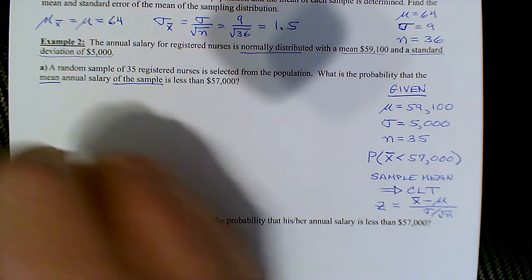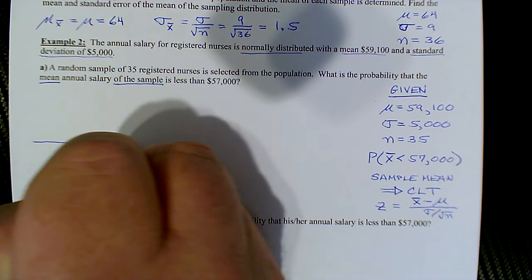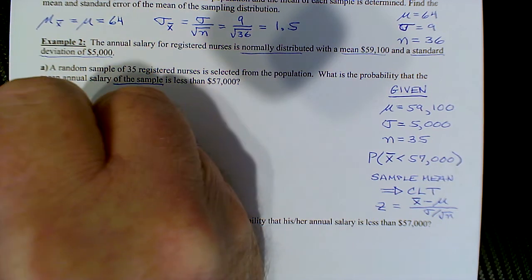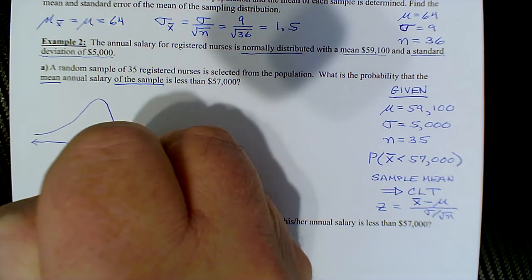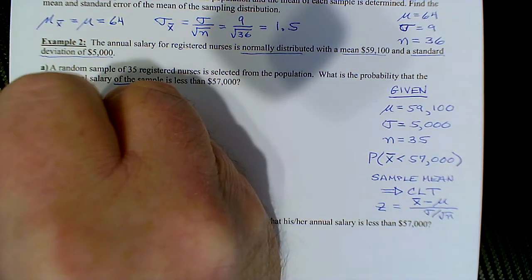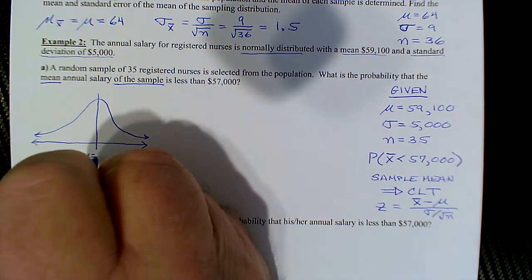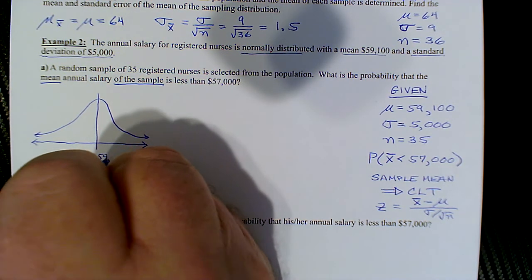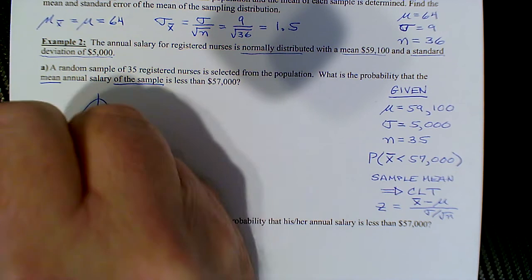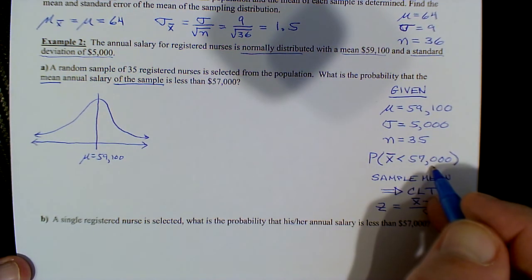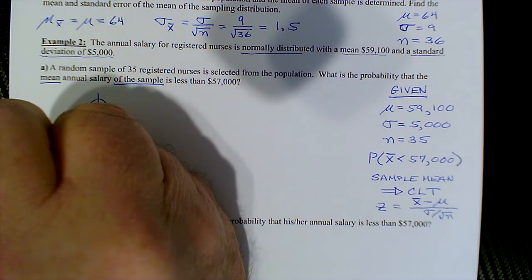Now if we draw a picture, let me do it off to the left here. If we draw the actual normal distribution, the mean of the population, mu, still goes down the middle. That's your 59,100. Our critical value, or the value of interest, is 57,000, but that's x bar.